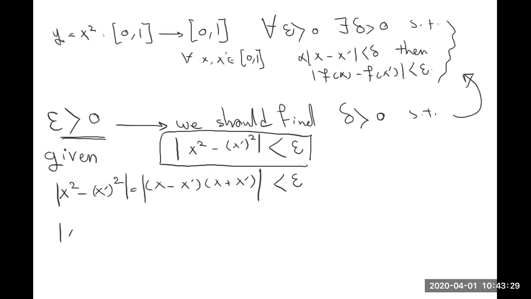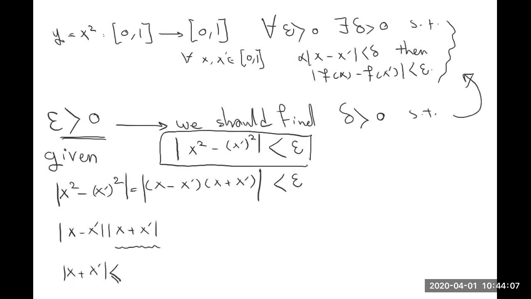So in order to make this thing smaller than epsilon, we can work with x minus x prime times x plus x prime. But x plus x prime is bounded itself. It is always less than a certain specific number. What is that number? Just to make sure you are listening, someone tell me what is the bound for x plus x prime. 2, yeah, of course.